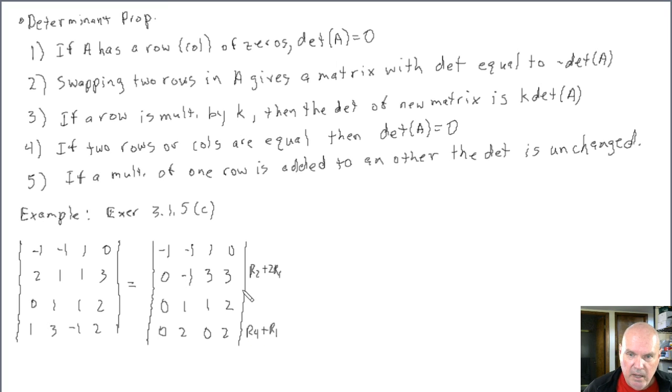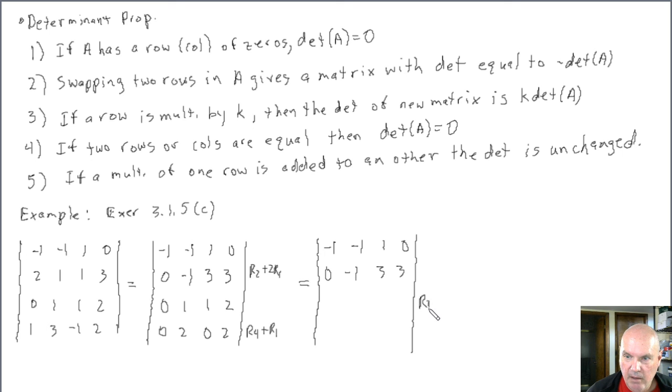I can actually pretty easily calculate the determinant here, but I'll take it one more step. I could expand along the first column because I've got only a single non-zero element, and then we just have to take the determinant of the corresponding 3 by 3. But let me take one more step to introduce some additional zeros below this leading 1. The first row is 1, 0; the next is 0, -1, 3, 3.